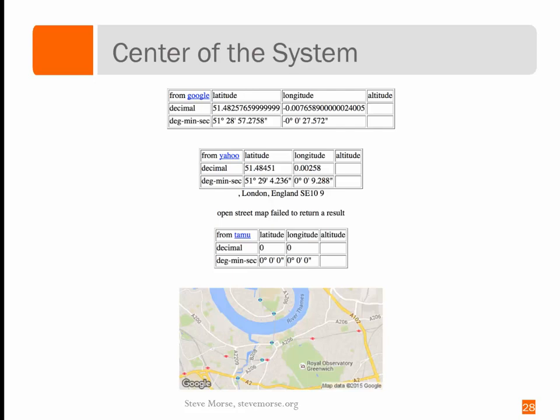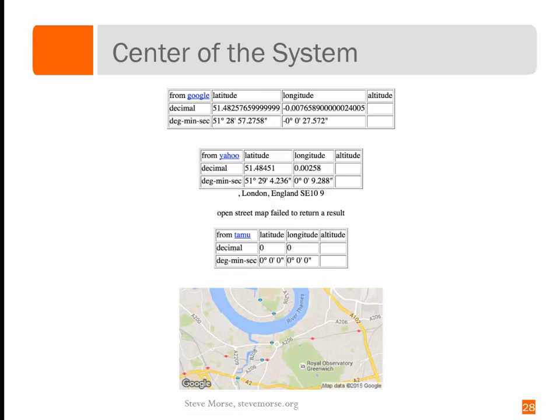Let's take a look at either the Google or the Yahoo definition of latitude and longitude. There are several different open source systems to define latitude and longitude. We've given you 3 popular ones in each of these examples: Google, Yahoo, and one at Texas A&M University.